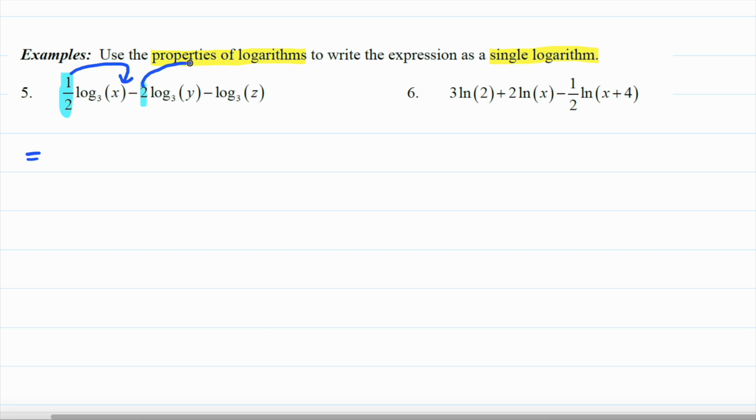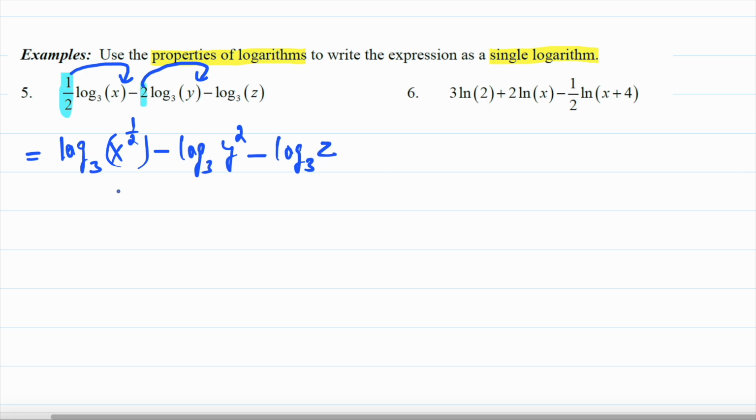So this 2 will also become the power of y, and then we will have z. So we can write it as log base 3 x power 1 over 2 minus log base 3 y square minus log base 3 z. Indirectly, we used property 3 in this case.